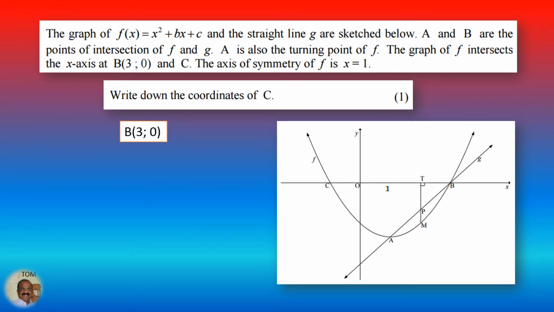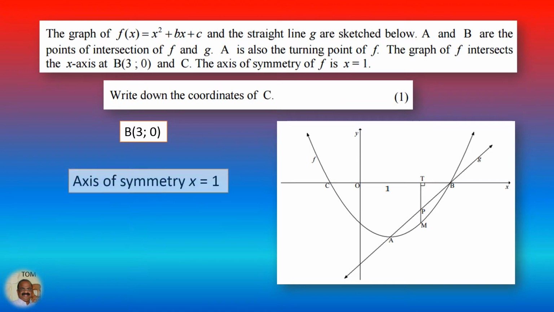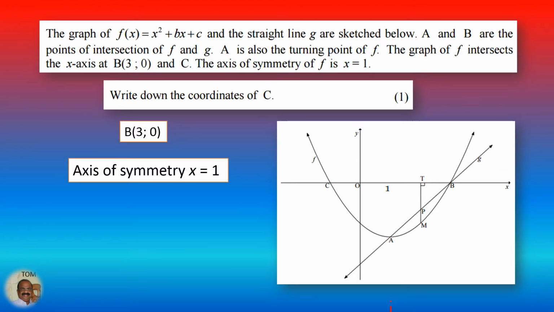Alright, so we have the coordinates of B, that is (3, 0). The axis of symmetry, look at that, the equation of the axis of symmetry is x equal to 1. So looking at the x-axis, B is 3. From 1 to 3, it is 2 units.